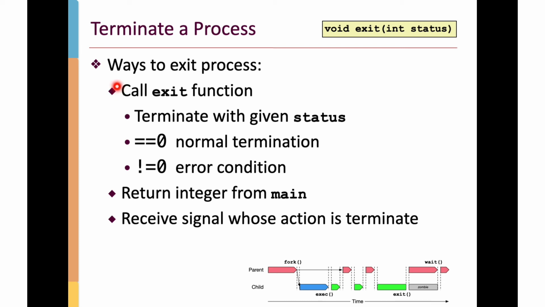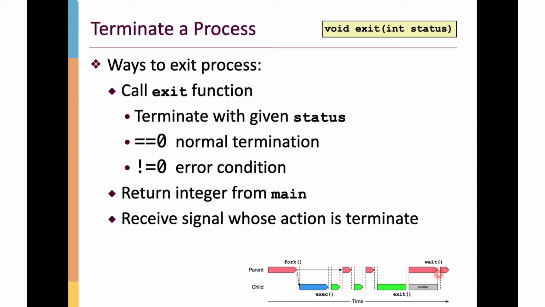One is to call the actual exit function, and I've illustrated that up here. Exit takes as its single argument a status value that's an integer. So you can call that function, and what it's going to do is cause that child process to terminate with some status value. And that status value is available to the parent process, as I mentioned before.